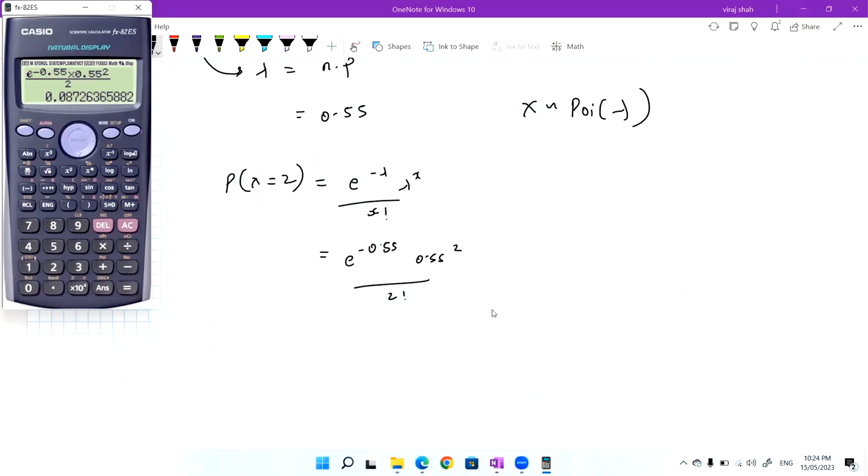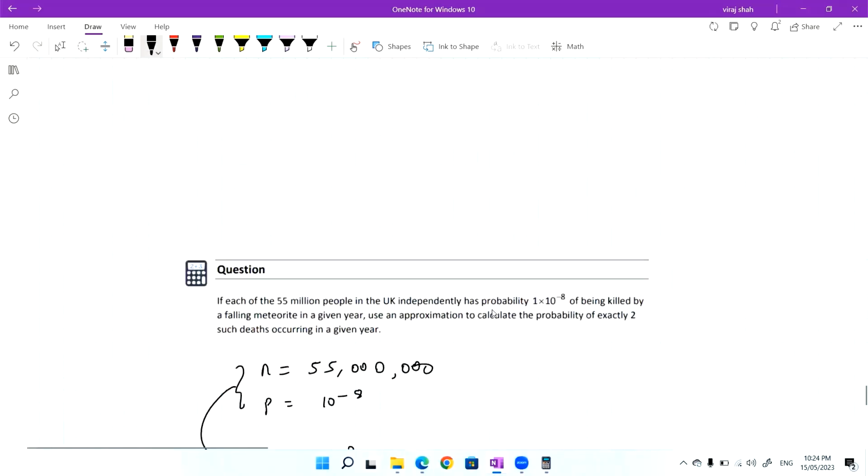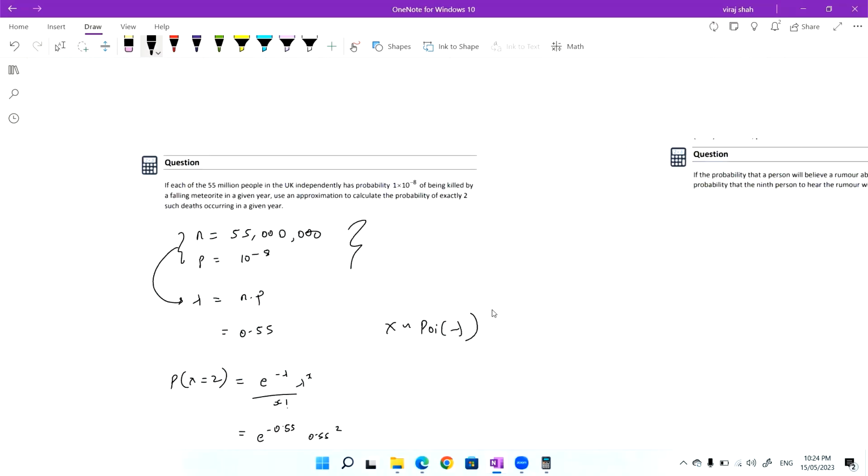So it's 0.0872. That's it. That's your answer. Complete. Easy, right? So if your n is quite large and p is quite small, you can convert your binomial distribution into your Poisson distribution. Remember this.